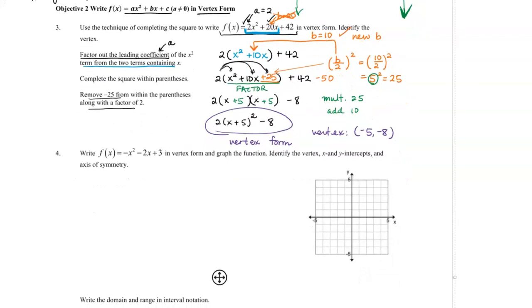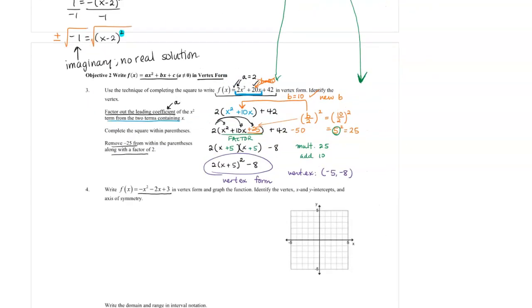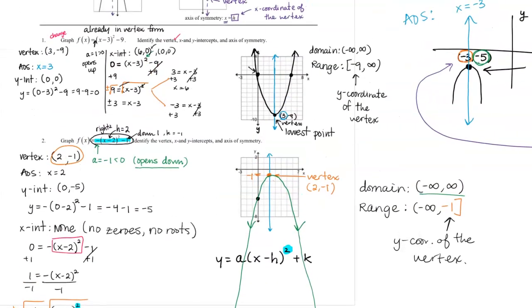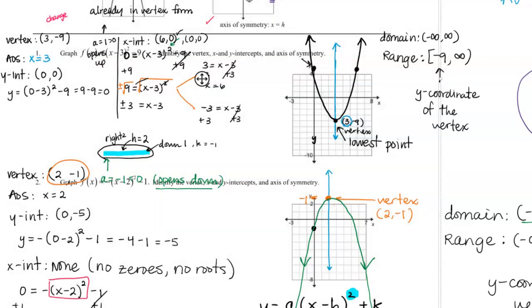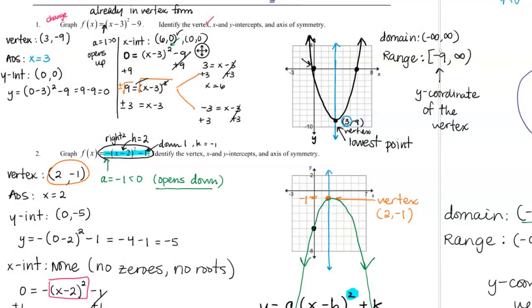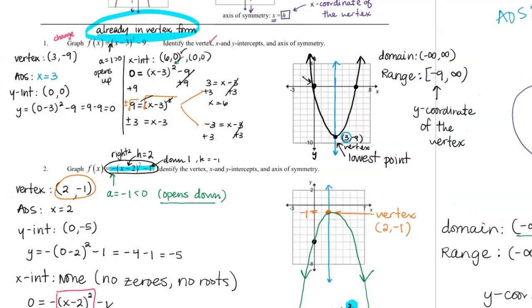So in the next example, we're going to take a quadratic that starts off in standard form, and we're going to find its vertex, its intercepts, and its axis of symmetry, and we're also going to graph it. Example 4 is very similar to examples 1 and 2, except it's going to be a little bit more work, because in examples 1 and 2, we started off with the quadratic already in vertex form.